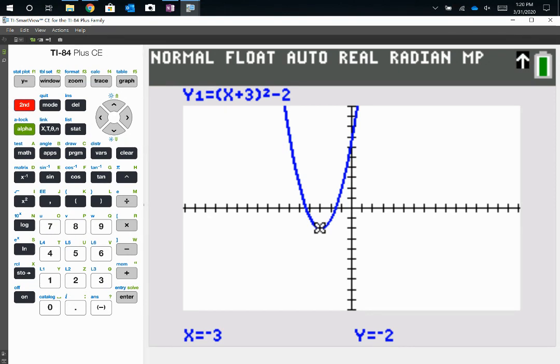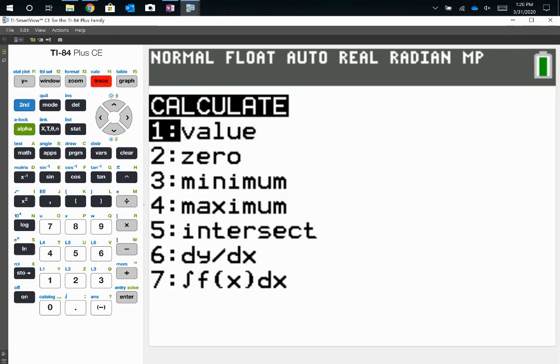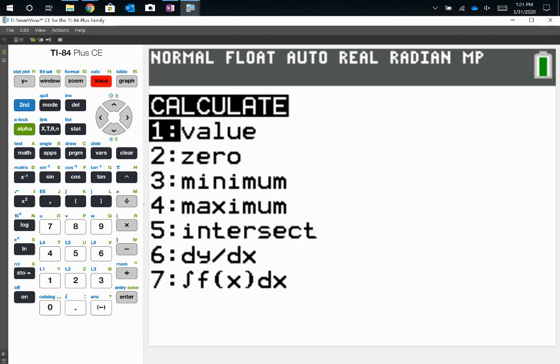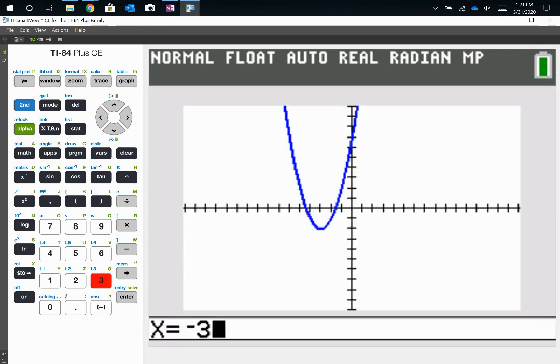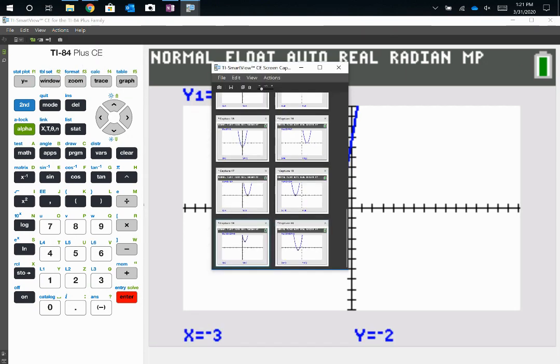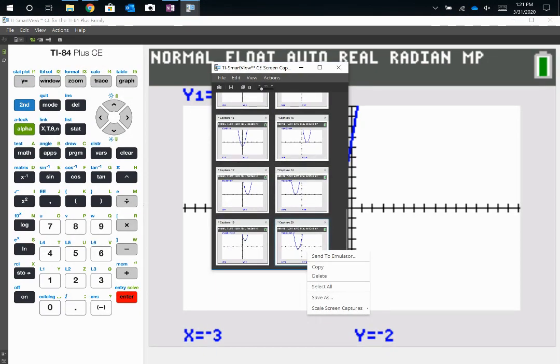And it puts in the vertex for us. Capture this and put it into our notes.